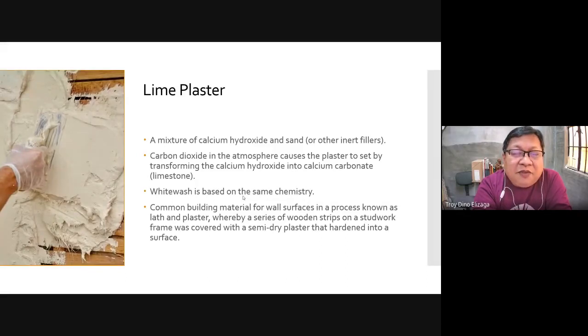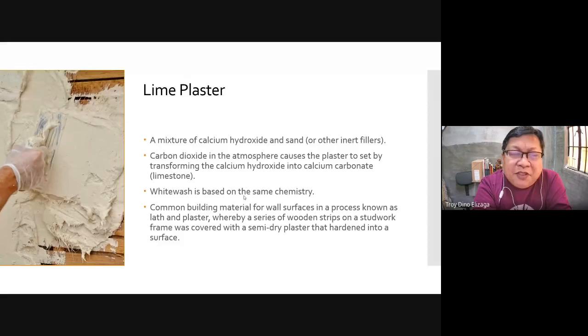If it's only aged for a few months, like at least 2 to 6 months, it can be good for mortar. But if it is even older, from 6 months to a year, or even more, it's good enough to be used as plaster. So there's a time element on how it can be used.